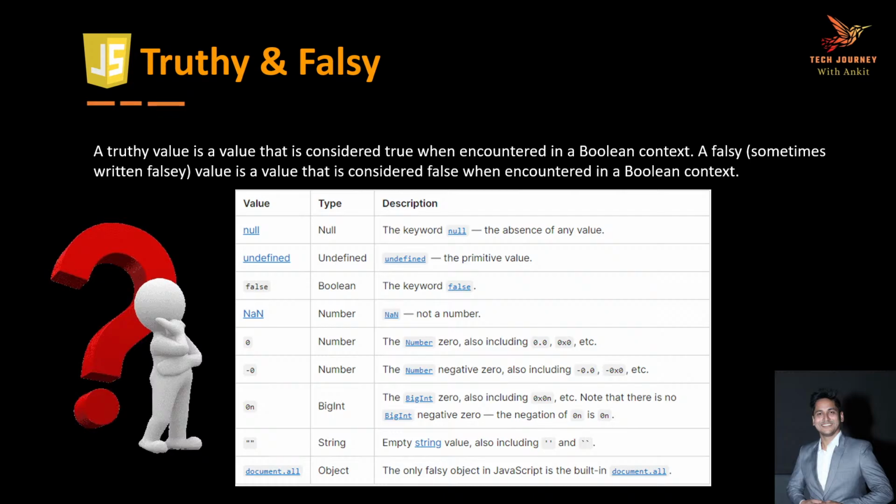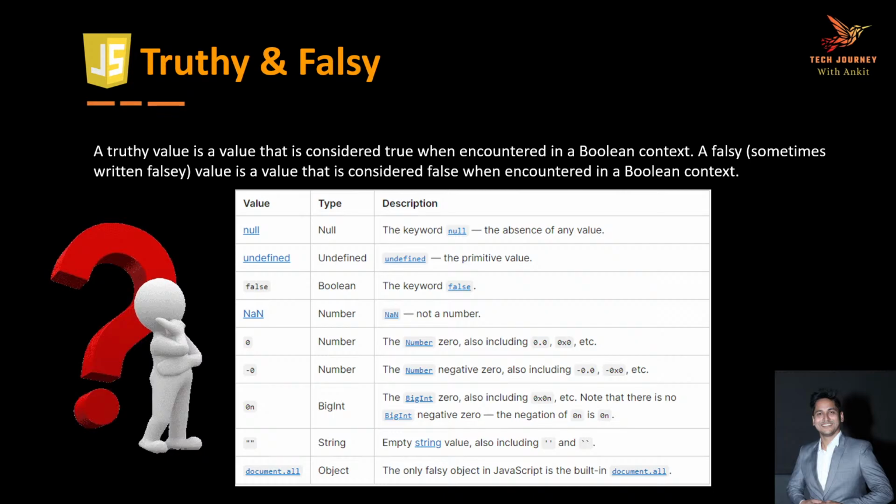For example, in JavaScript, if you are putting a condition and that condition evaluates to null, then it will be considered as a falsy value. Similarly, if you put something as undefined, it will be considered as a falsy value. Moreover, in case you have any operator and the value of that operator is false, again it will be considered as a falsy value.